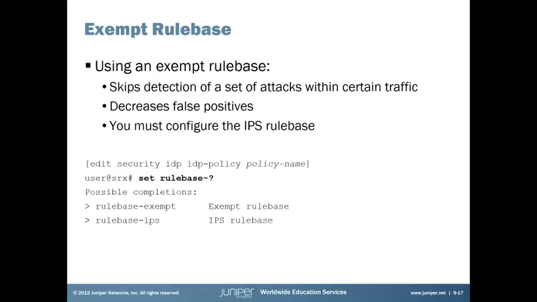Okay, so we can then create an exempt rule base which skips detection of a set of attacks within certain traffic. So what I'm saying is that there's a couple of things here. If you're getting matches on traffic that are actually false positives, so you know the traffic is perfectly fine, but it's getting picked up by IDP and not allowed through, you can set up an exempt rule base, which essentially says if traffic is coming from here to there, then that is exempt from IDP.